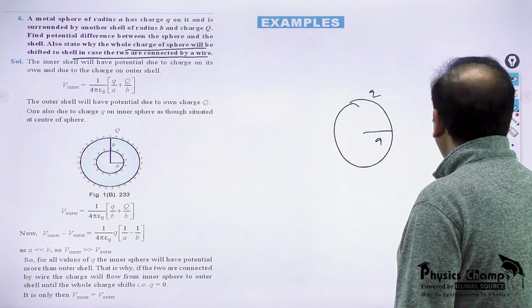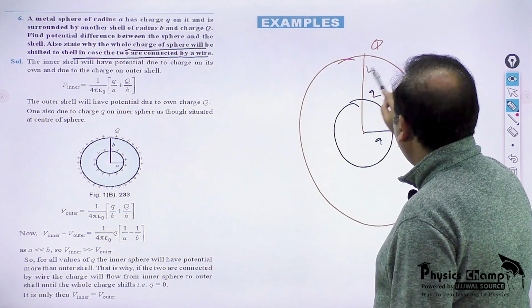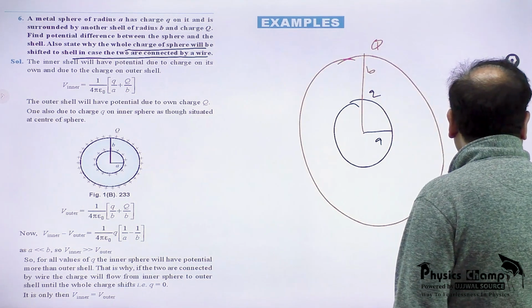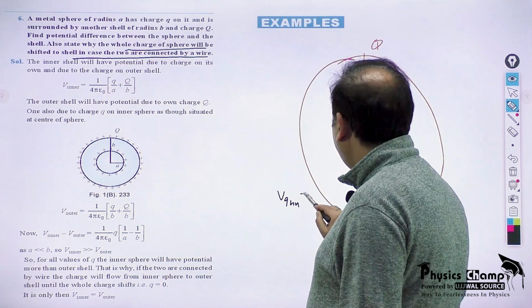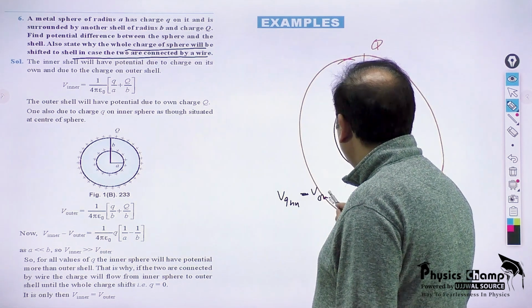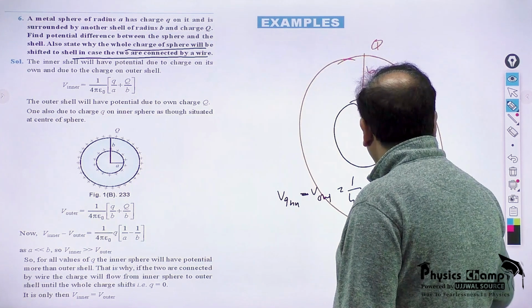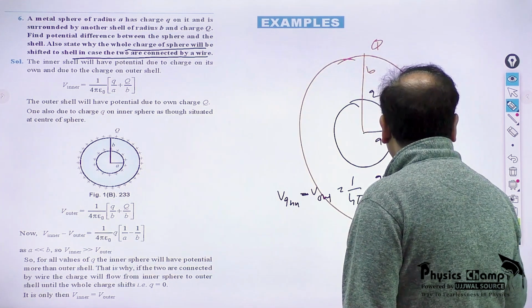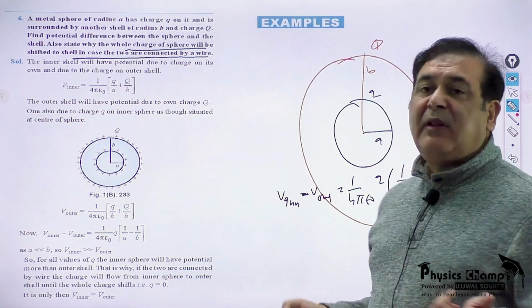The outer one has a charge capital Q and a radius b. The potential of inner minus potential of outer is 1 by 4 pi epsilon naught q times 1 by a minus 1 by b. Inner is at a higher potential than outer.